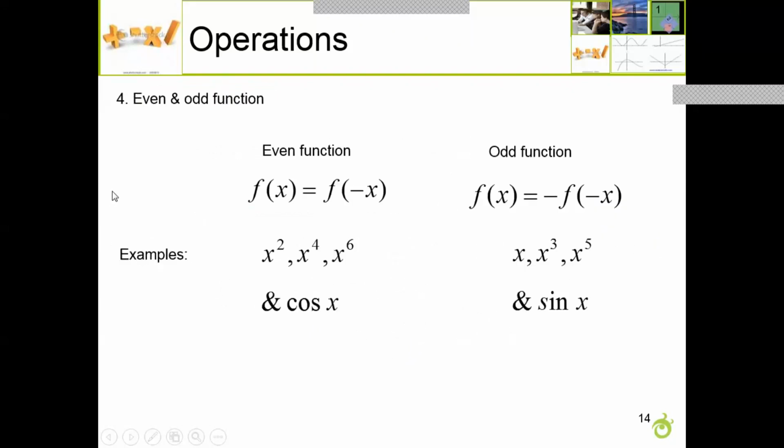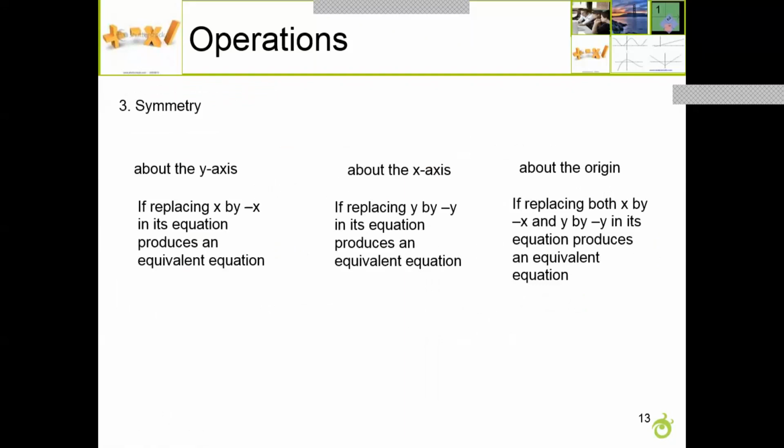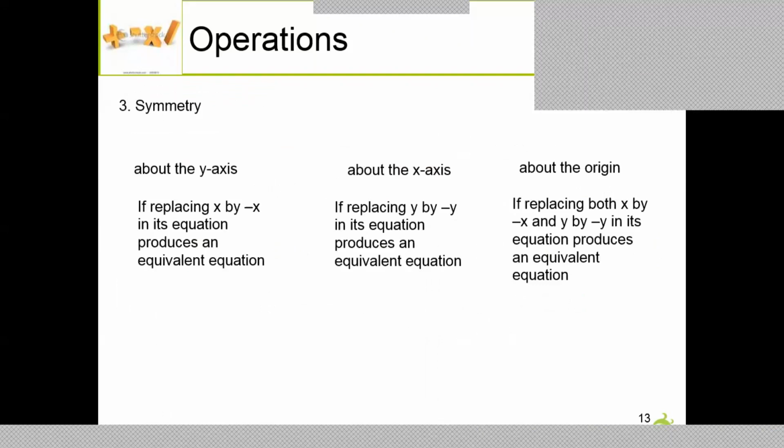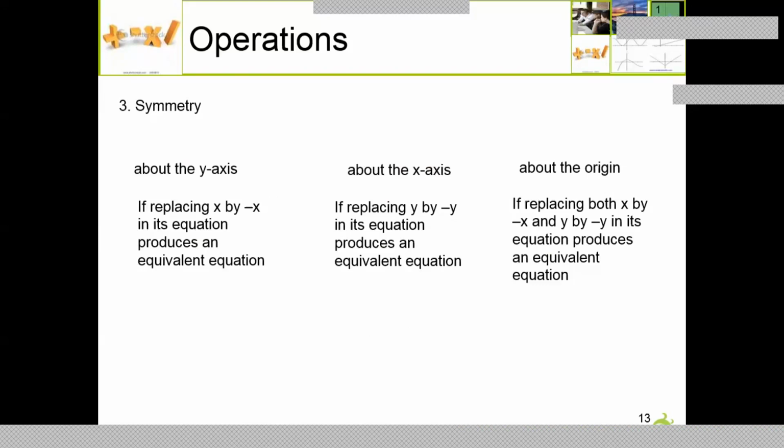Okay, and then symmetry. Okay, symmetry, we have three kinds of symmetry. The first type is symmetry about y-axis, and then symmetry about x-axis, and then symmetry about origin. Okay, how do we know whether a certain function is symmetry about y-axis or x-axis or symmetry about the origin?